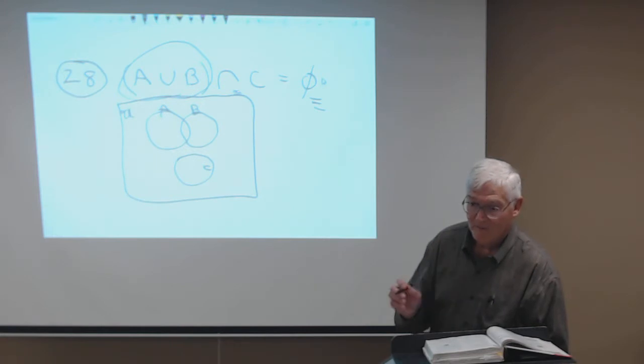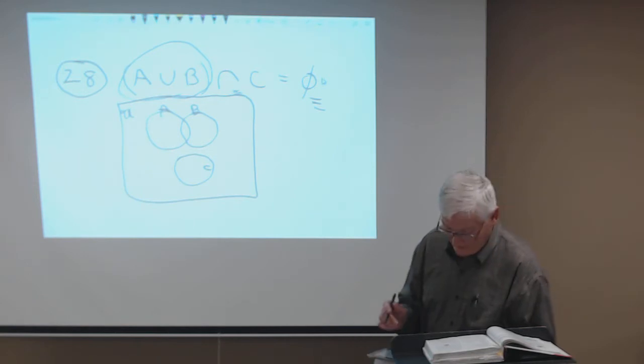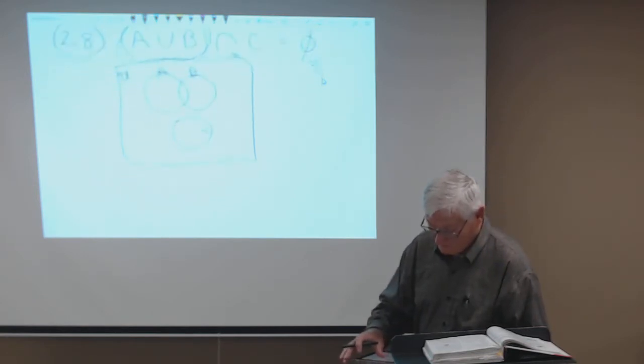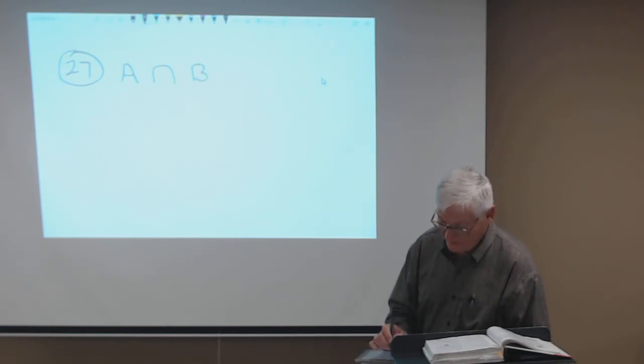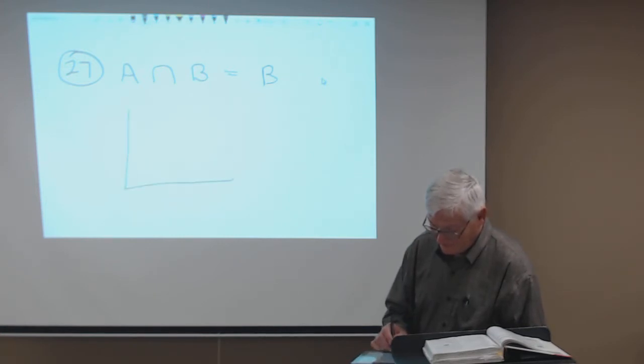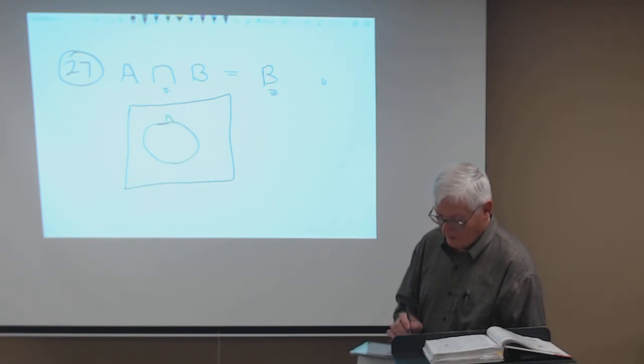Okay, now that you did all the zeros, can you do one that is 27 or 29 just to show us? Okay, let's do 27. What does 27 say? A intersect B equals what? B. So when I put inside my universe my circles for A and B, the intersection of A and B is B. Here's A. What would make the intersection of A and B equal B?